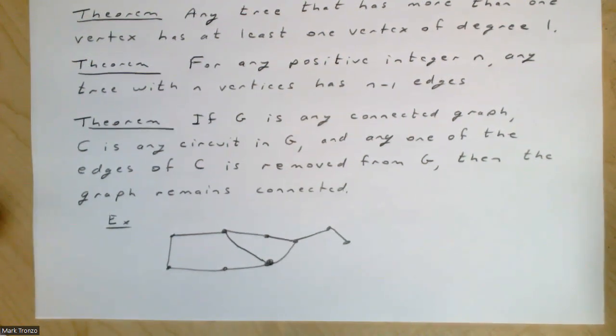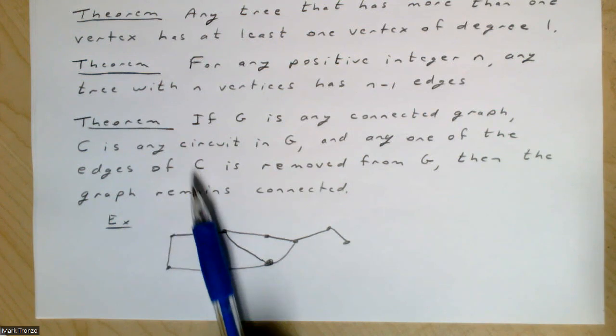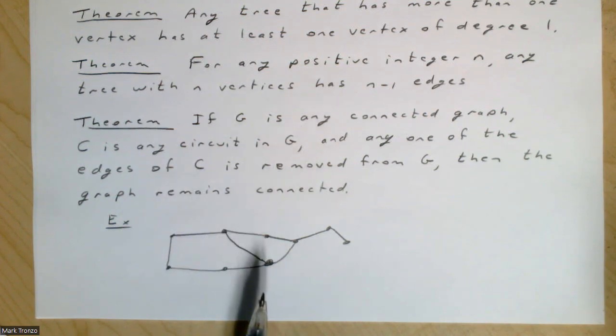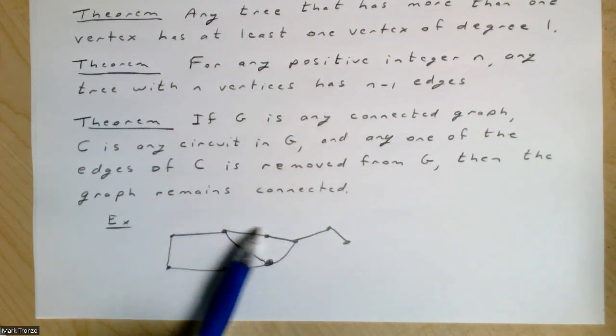Maybe you have something like this. So this says it's a connected graph, and you can identify a circuit. Let's say this circuit right here.